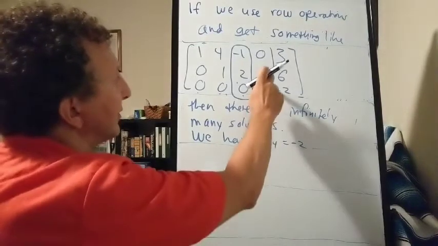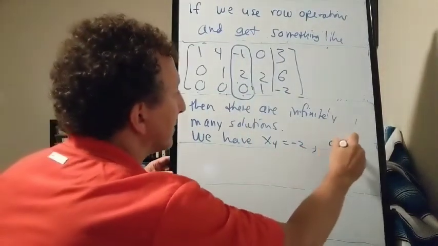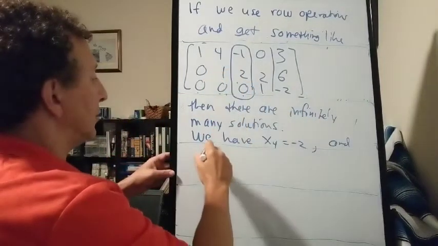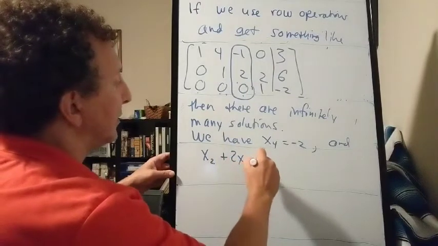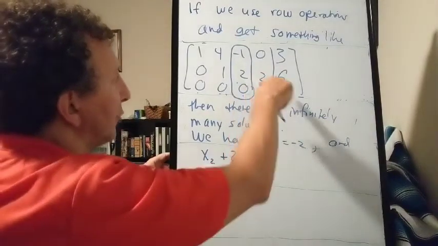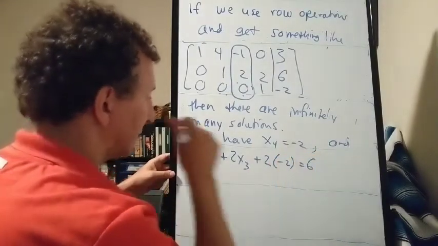And plugging that into the previous equation, that says that x2 plus 2x3 plus 2x4, which we know is -2, equals 6.